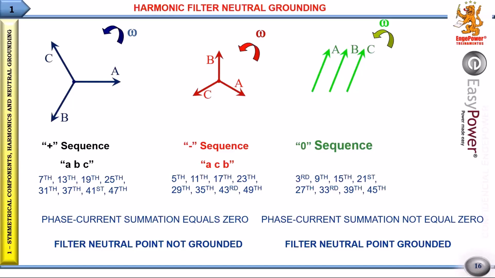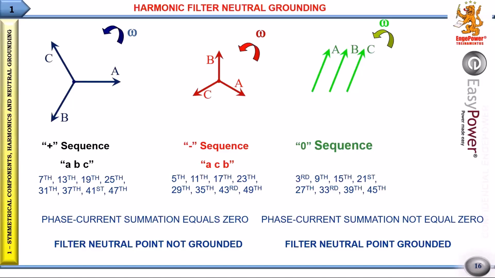So for the positive sequence harmonic orders, the summation of the three currents or the three voltages will always be equal to 0, because they have the same magnitude and they are 120 degrees offset from each other. So the summation is 0.